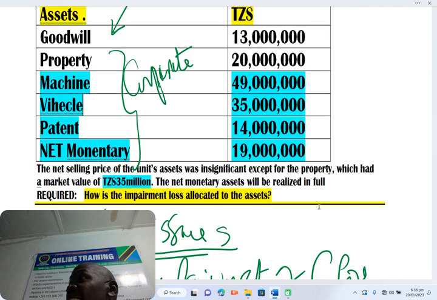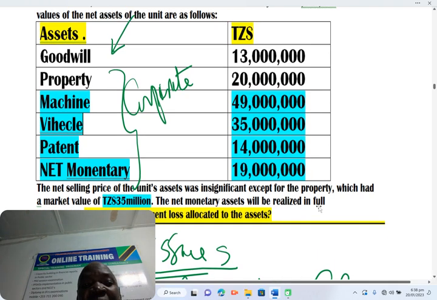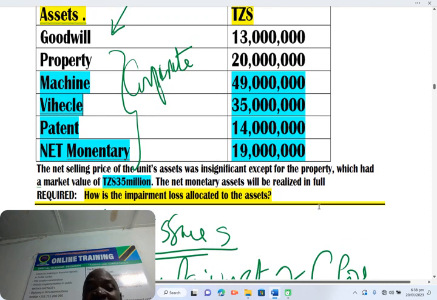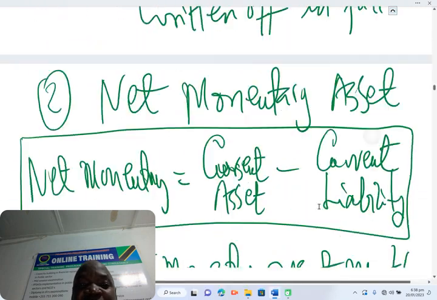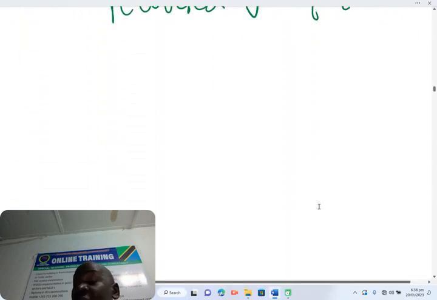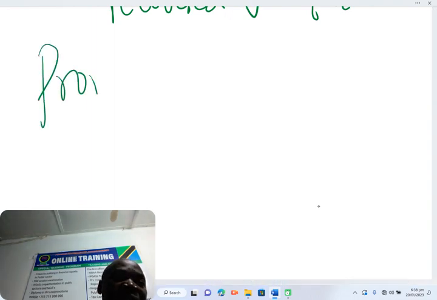I repeat, the net selling price of the unit was insignificant except for the property. So property had a market value of how many? 35 million. So you see what he's saying? This information tells us that property.